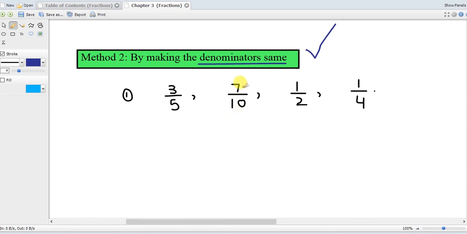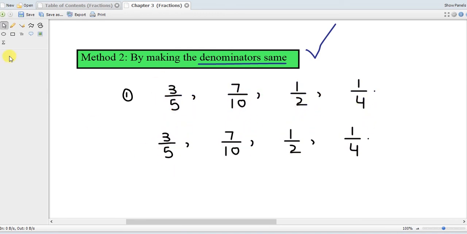Okay, now since we have to make it 20, let me just write these numbers again at the bottom. So 5 times 4 is 20, right? Since I have multiplied this denominator by 4, I also have to multiply the numerator by the same number, right?